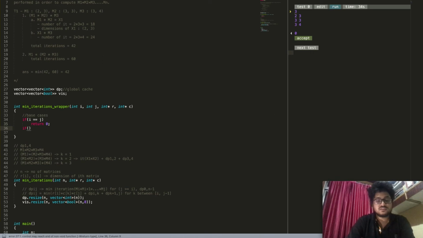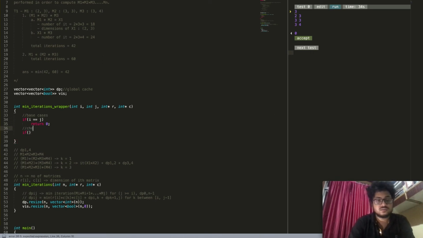In the wrapper function, like we stated, we need to check whether a particular state was solved before or not. So check if the state I comma j was solved before. From the definition, since we have already defined that if VIS of I comma j is equal to true, it would mean that DP of I comma j was computed before and is now present in the cache.